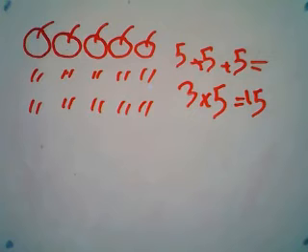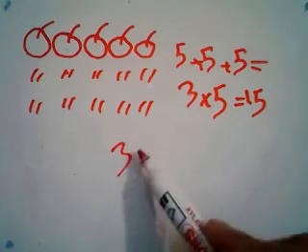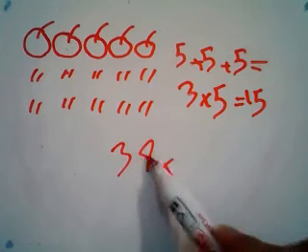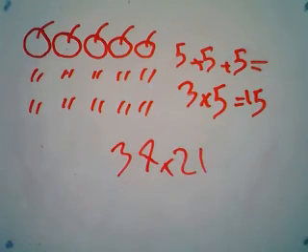And then she went on to multiplying a multi-digit number into another multi-digit number, like for instance, 34 times 21, something like this.